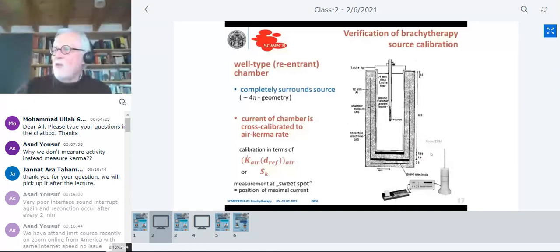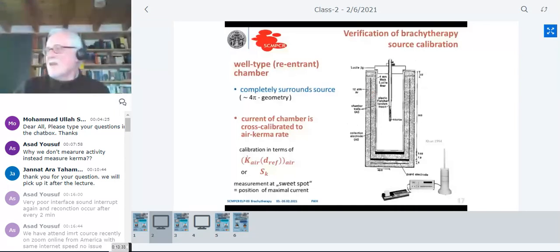cylinder. And inside this volume, this is an air volume, you have a collection electrode, like an ionization chamber, so that this complete cylindrical body acts as an ionization chamber.